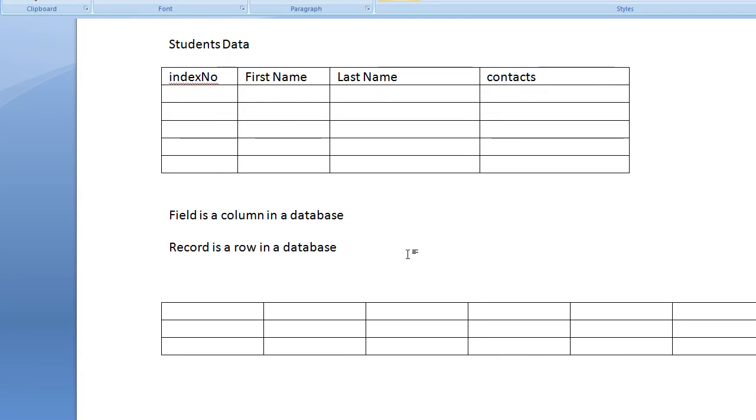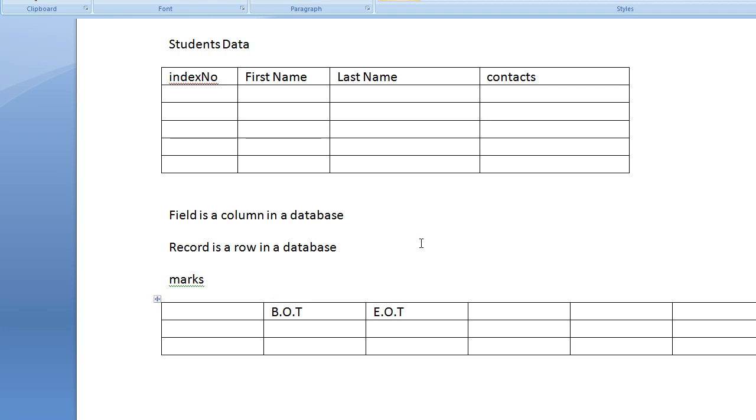So we shall need to store exams of these students. So we have marks. We need to understand which student has done which exam. So we shall have mark 1, the beginning of term, BOT, and then we have the end of term.